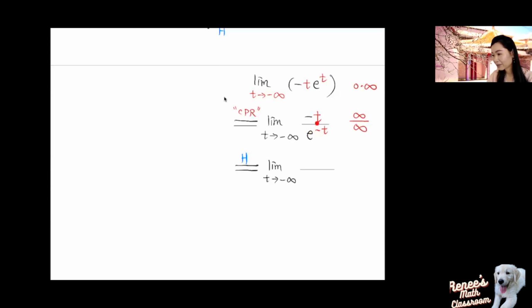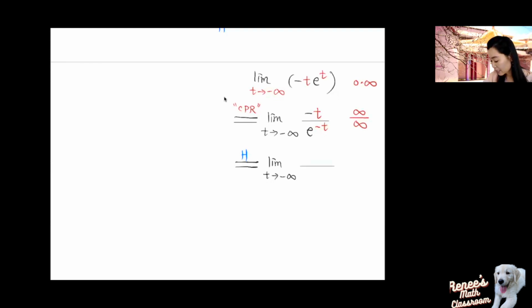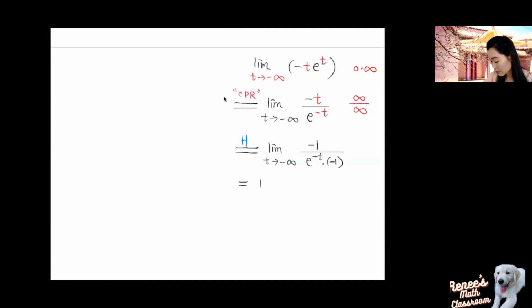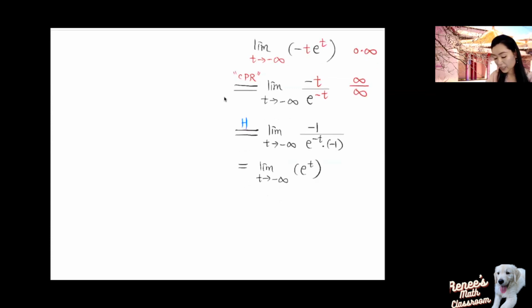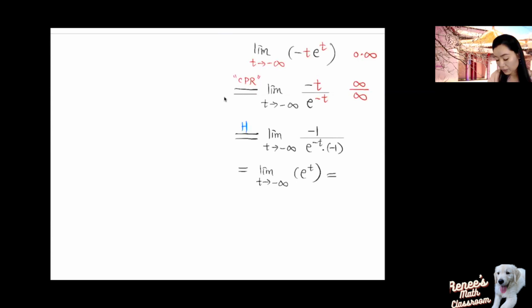Differentiating the numerator, we get negative 1. The denominator is e to the negative t times negative 1 because of the chain rule, which gives the limit of e to the t. When t goes to negative infinity, you told me that e to the t goes to 0.